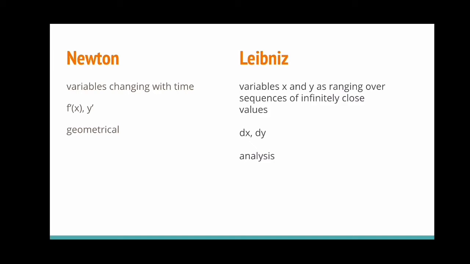Both Newton and Leibniz contributed a lot to modern calculus, but they still have a little bit of difference. For example, Newton used notations f prime and y prime, while Leibniz used dx and dy.